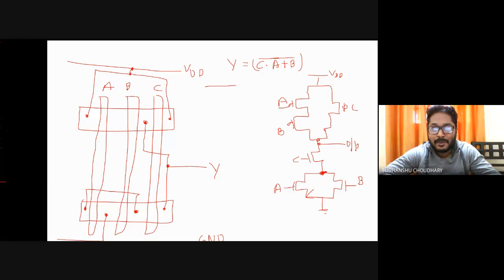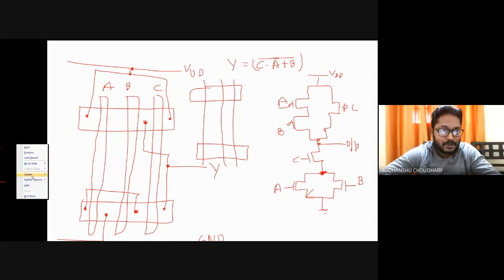Maybe in this small space we can draw. So this is my PMOS, and this is my NMOS here. And let us say this is A, this is C now, and this is B, transistor number B. Or in fact, this is not possible by using the same diffusion region.